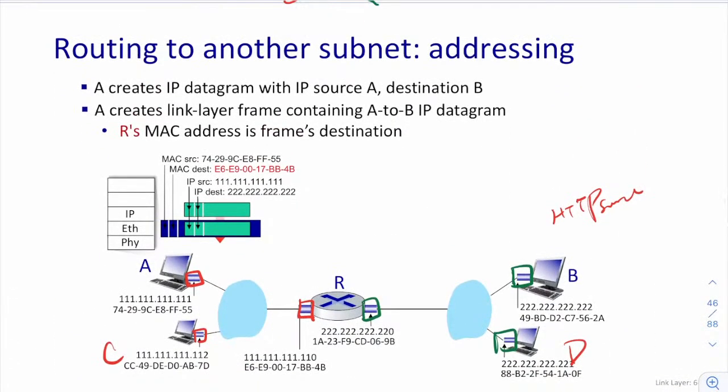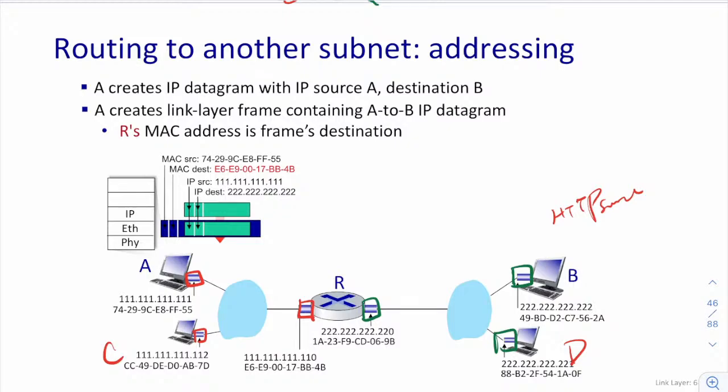Okay, so when A wants to send a packet to B, it should be a frame, right? So as we mentioned before, the source IP address is A, so it is 111, and its destination IP address is B, and it is 222. That is good. But how about the MAC address?